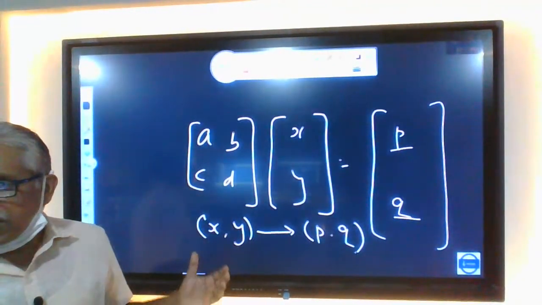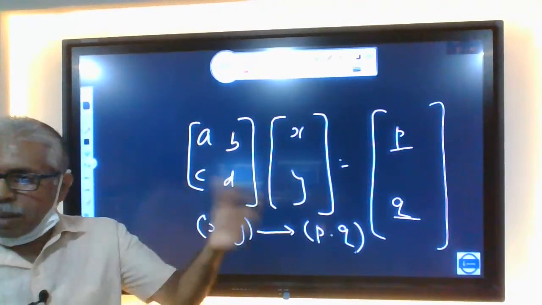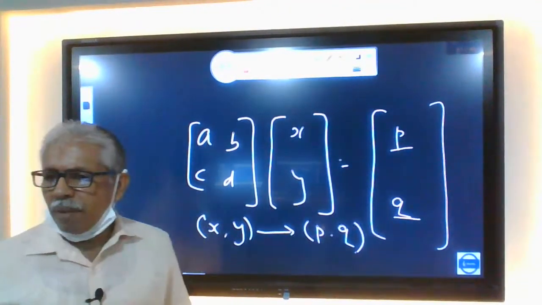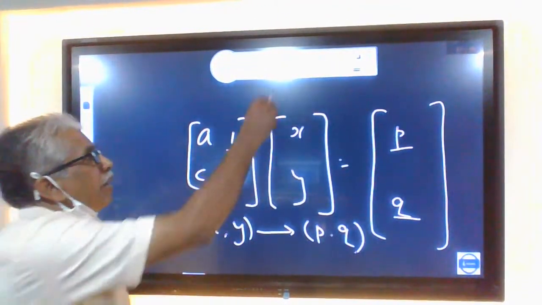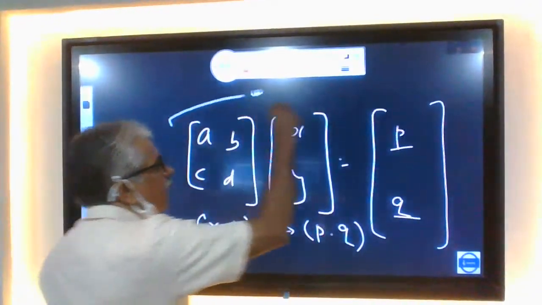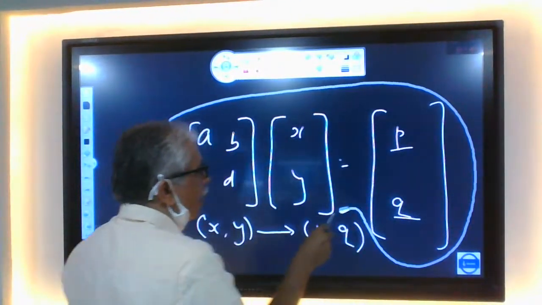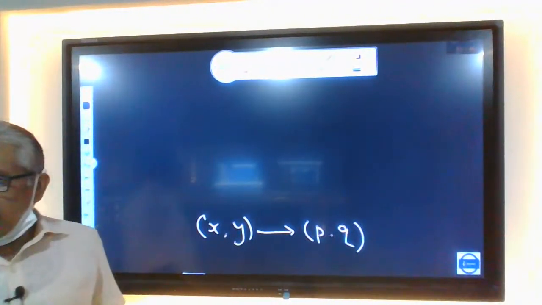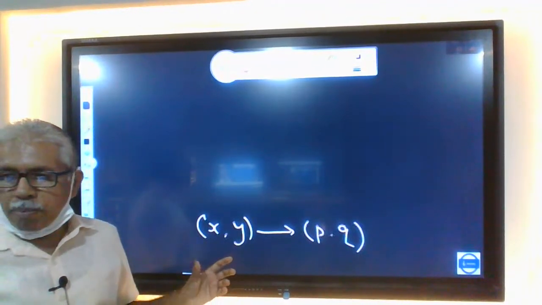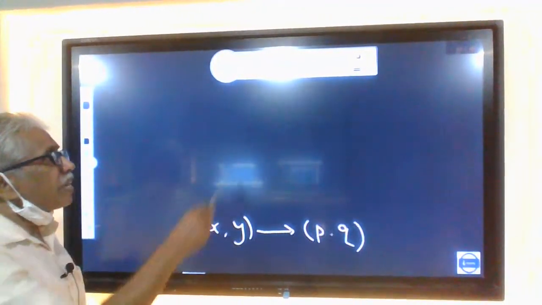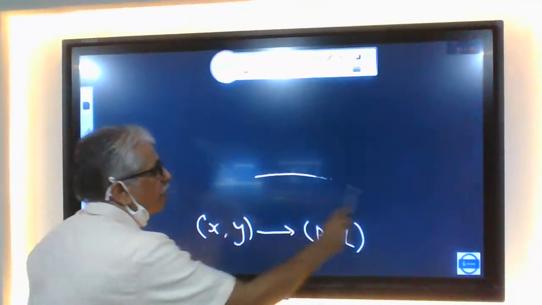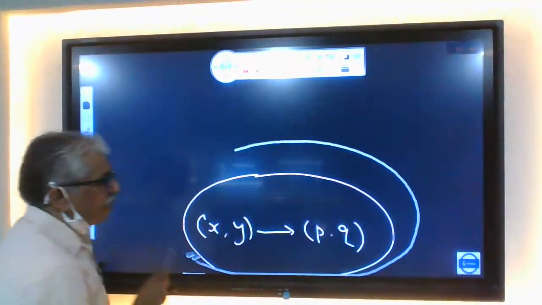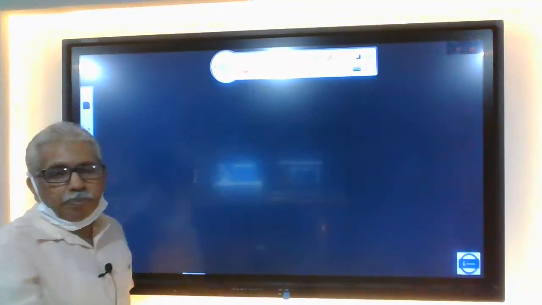Linear means something else, and I'll discuss it later. So a matrix is always mapping points in the two-dimensional plane to points in the two-dimensional plane if it is a 2 by 2 matrix. And if it's a 3 by 3 matrix, it will be mapping from R3 to R3.